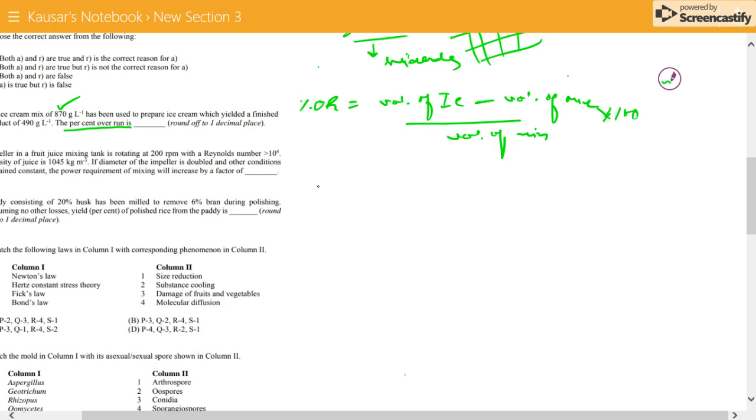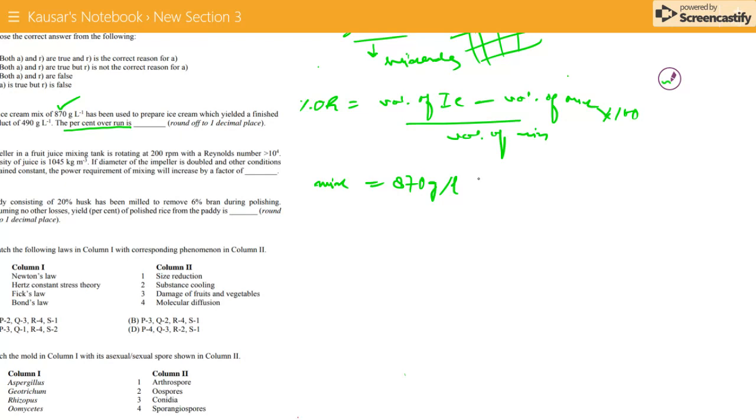For that, we have the mix, which is given as 870 gram per liter. It means the volume of this mix is 1 liter, as given in the numerical.